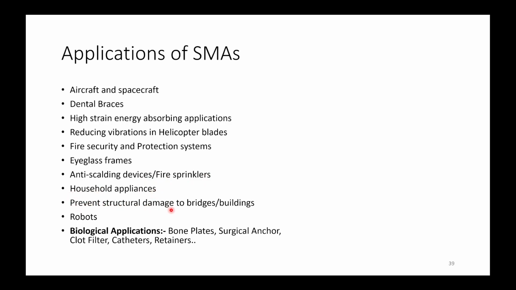They can prevent structural damage to bridges and buildings, and in case of robots also, their arms and all, if we want to make them sensitive to temperature, we can use shape memory alloys. Now biological applications are in making bone plates, surgical anchors, clot filters, catheters, retainers.